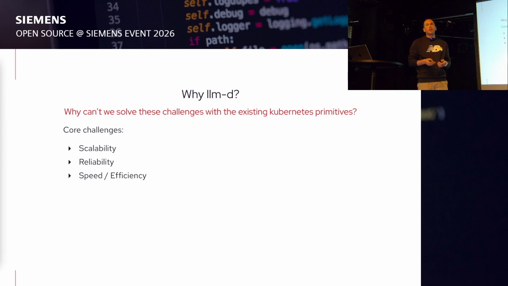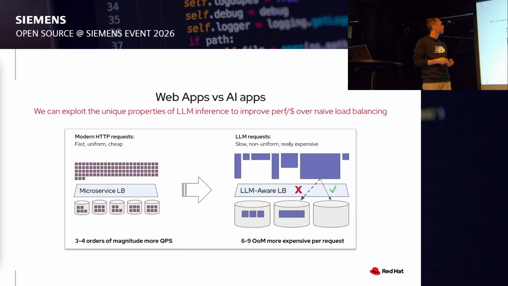So the question arises: why do we need this? Because in Kubernetes, we already have primitives to solve the challenges that we have with LLMs: scalability, reliability, speed, and efficiency. I mean, Kubernetes was born for serving the traditional web application case. So why can't we use the same tools that we had, like load balancers? Because essentially, web applications are very different from LLMs.